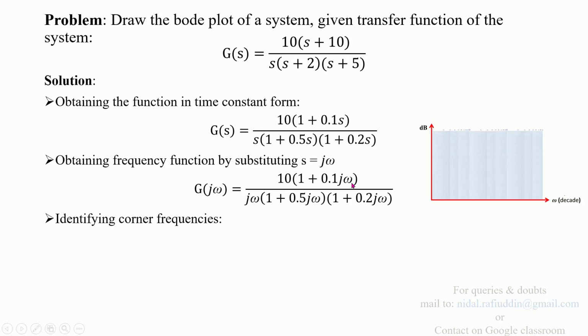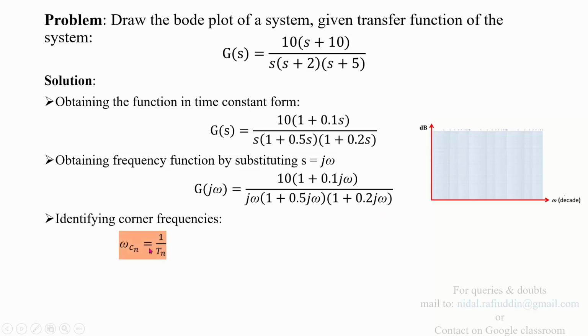In fact, it's not s, it's j omega now, because we have replaced s by j omega. So 1 plus 0.1 j omega, and this will be contributing one frequency. Then we have a second frequency from 1 plus 0.5 j omega, then a third frequency from 1 plus 0.2 j omega.